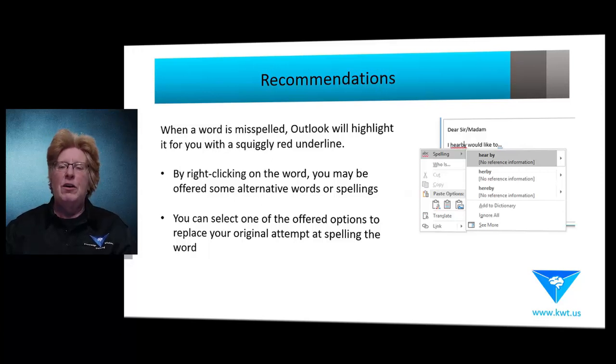You will also occasionally see some grammar checking done, and those will be highlighted with a dotted brown underline. Again, you right-click on that to see what Outlook is suggesting that you correct within your grammar. You don't have to accept it. You can go with your own grammar as you please. But I do find it's always interesting to see what it is that Outlook thinks is wrong with my writing.